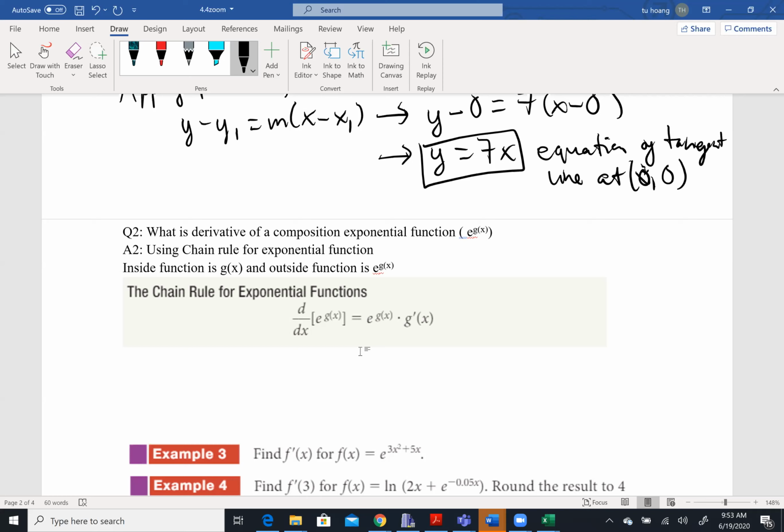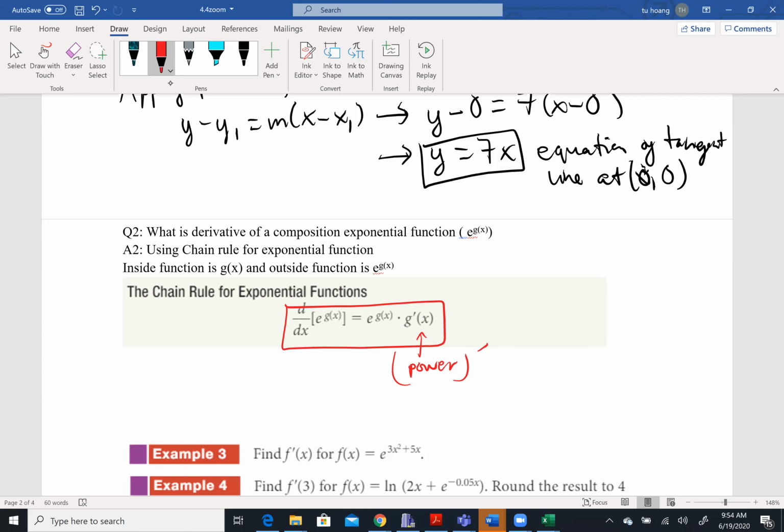You're going to see that the derivative of a composition exponential function is itself multiplied with the power derivative, right?